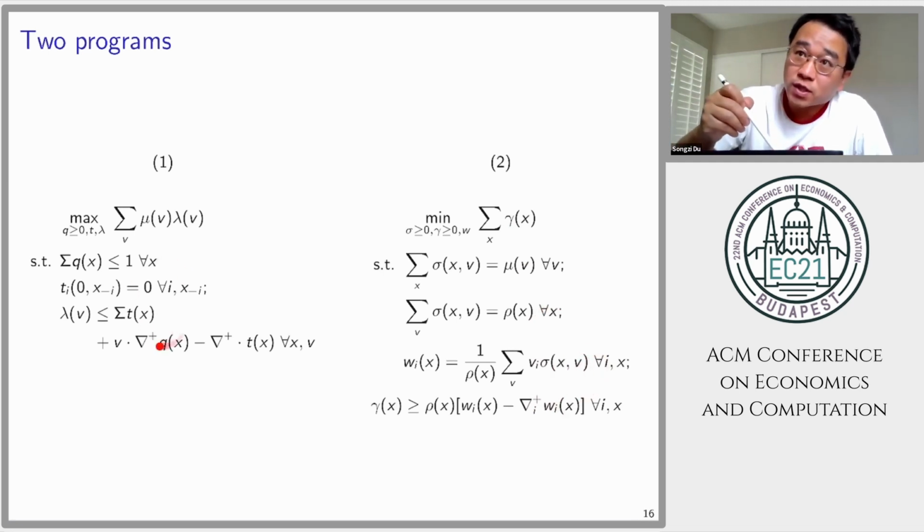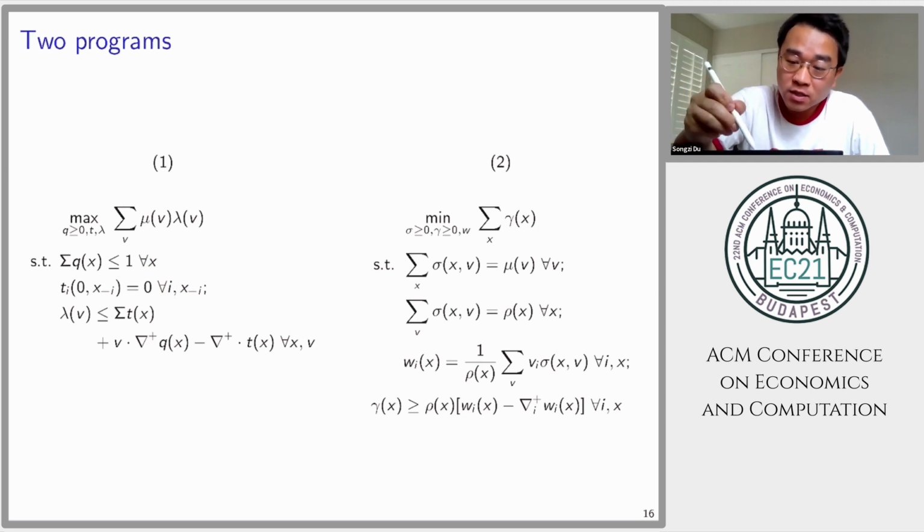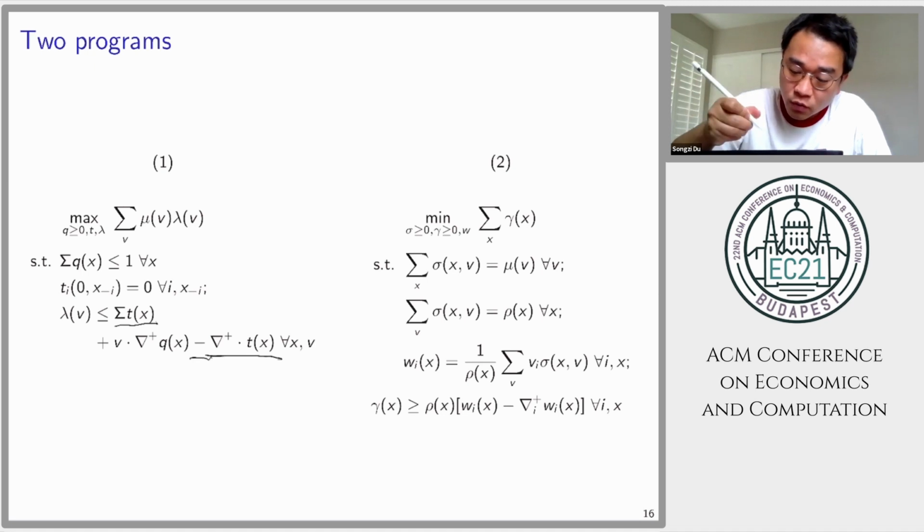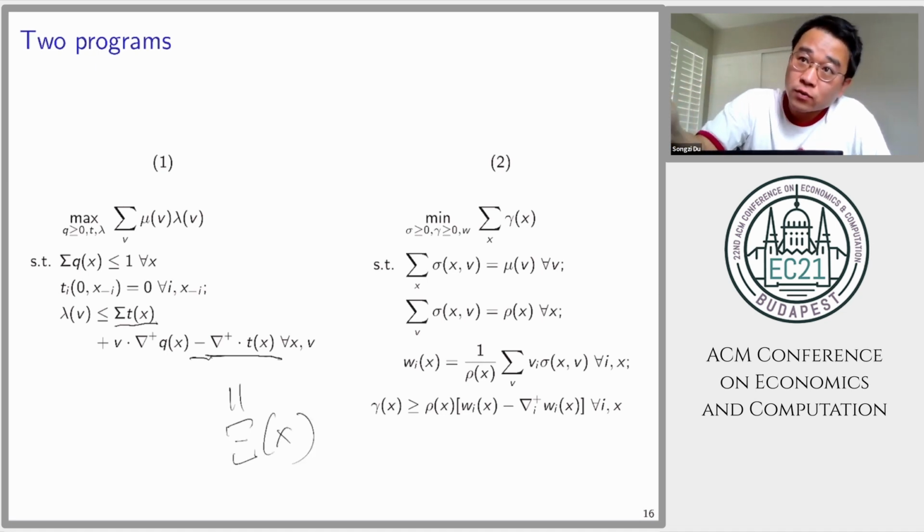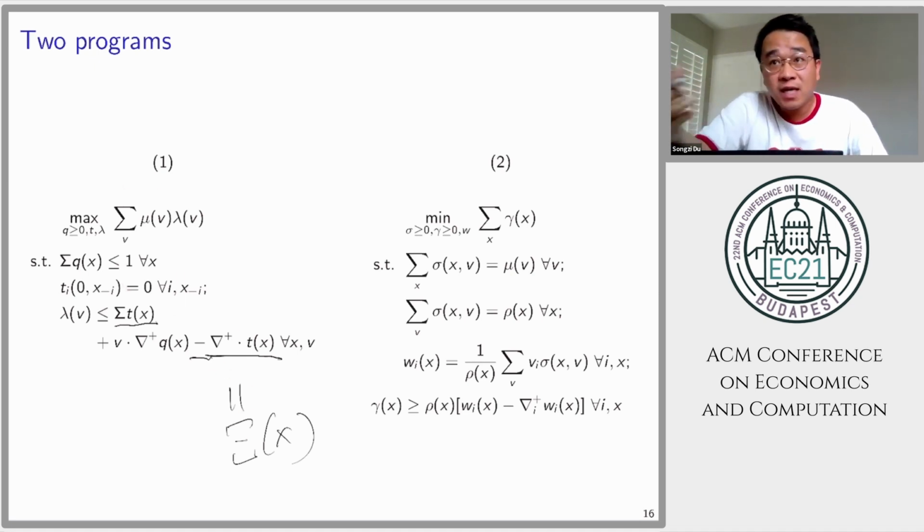We can do a similar exercise in problem 1 for the relaxation for max to min. Here we have the transfer, and we can try to solve out the transfer as we did in lecture 1, except that we do that for the max to min auction design problem here.